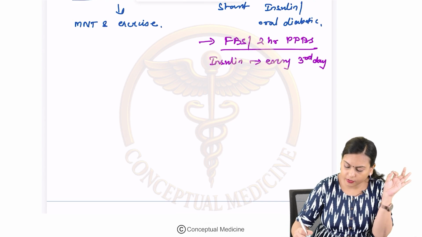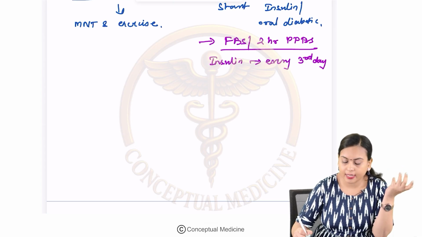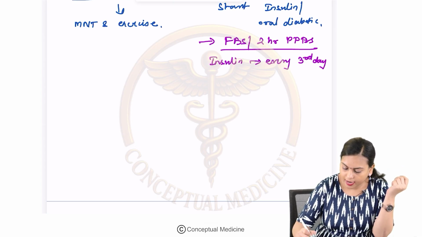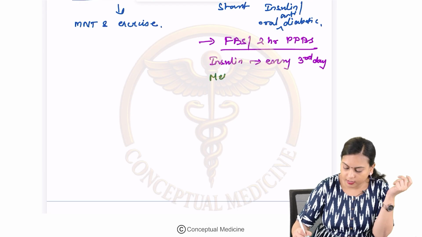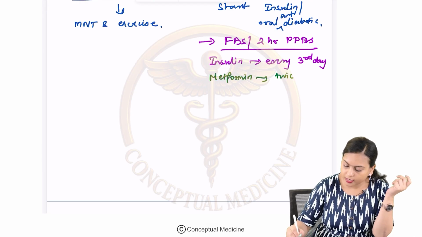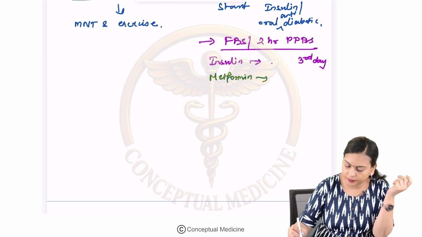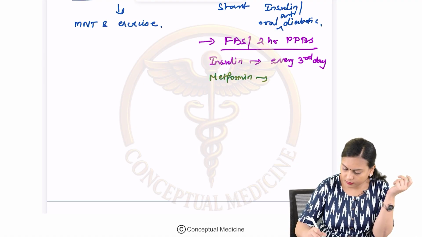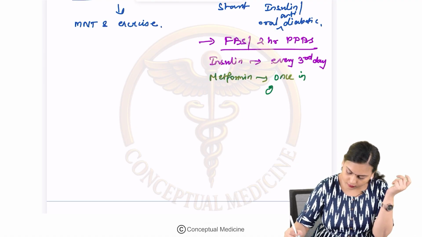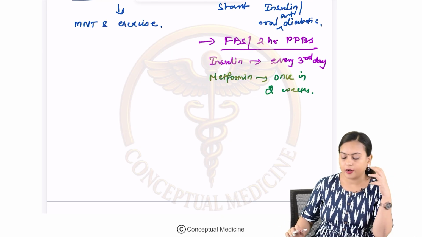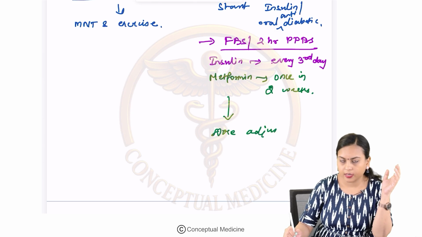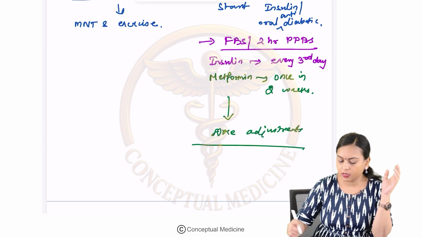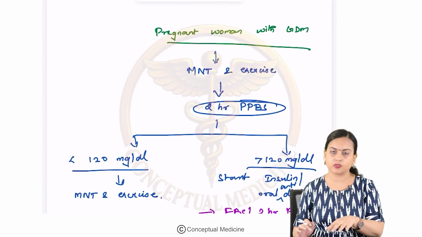If you are giving an oral antidiabetic like Metformin, then at least it should be done once in 2 weeks. And then you have to do dose adjustment as needed. Clear? So, this is how the MNT and exercise is going to help.